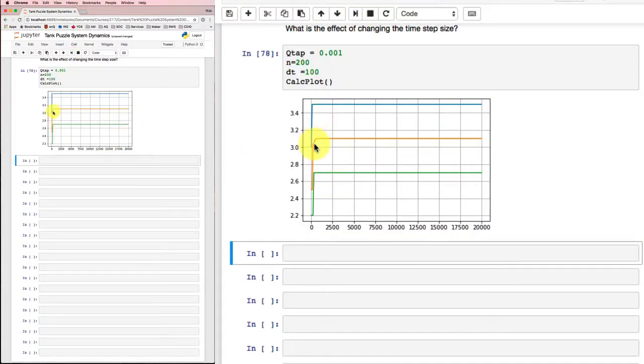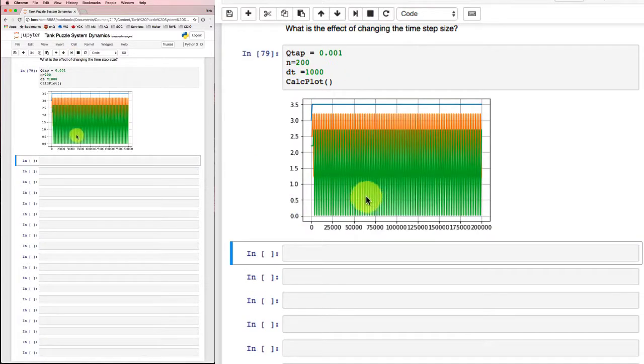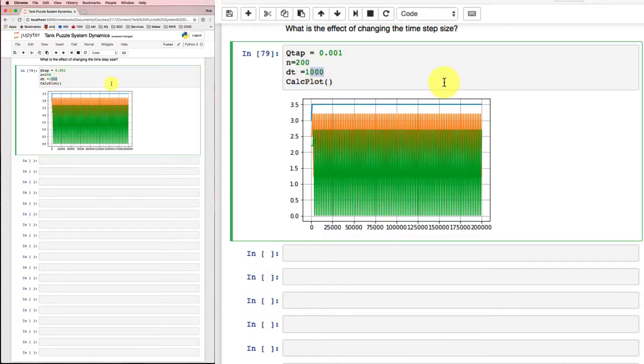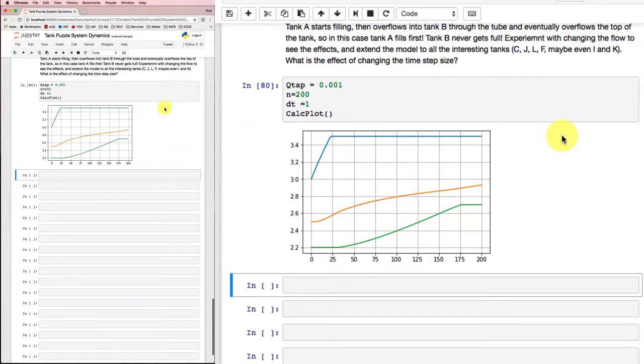We've got some strange instabilities here, a little bit of bouncing. Let's go to 1,000. And the calculation breaks and fails. Obviously, it's not going to oscillate up and down like this. So we need to make sure when we're choosing time steps that we choose a small enough time step to make the calculation work. So that's the essence of simulating one of these systems with Euler's method.